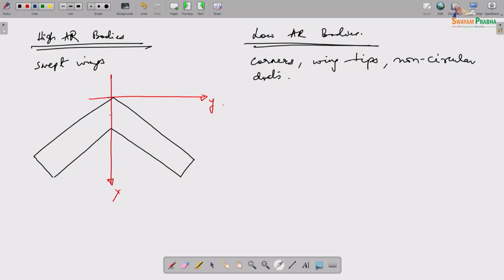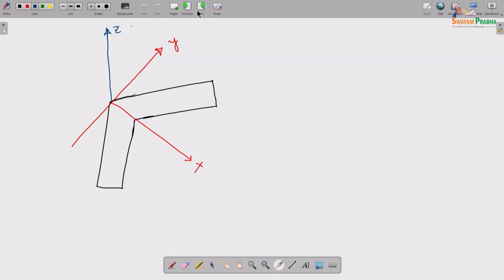Okay. So basically what we are saying is that when you move along this direction, along the x or along the y, the variation in the boundary layer is very small compared to its variation in the direction away from the plane of the board, which is perpendicular to it, right.